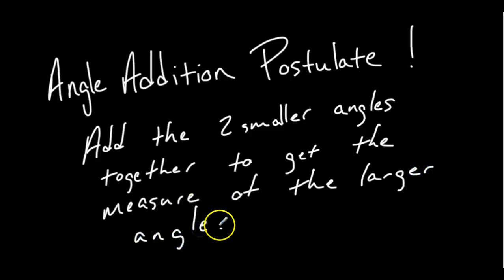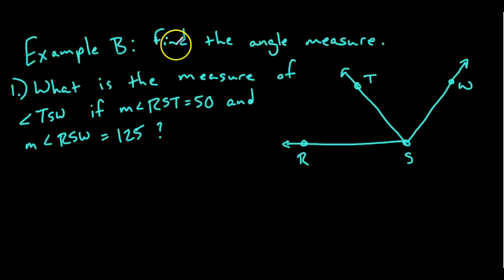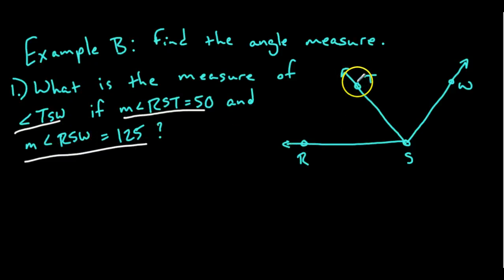Okay, that's postulate 1-8, kind of a little easier. Here's an example of it. Find the angle measure. What's the measure of angle TSW if the measure of RST is 50 and RSW is 125? So we're going TSW, we're looking for that angle. We don't know what it is.